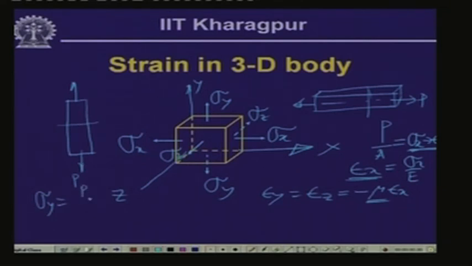So, this is P by A, let us call this P suffix y, this is P suffix x. Now, because of this application of the load, there is strain in the y direction, which we designate as epsilon y, and that is going to be equal, according to Hooke's law, to sigma y by E.